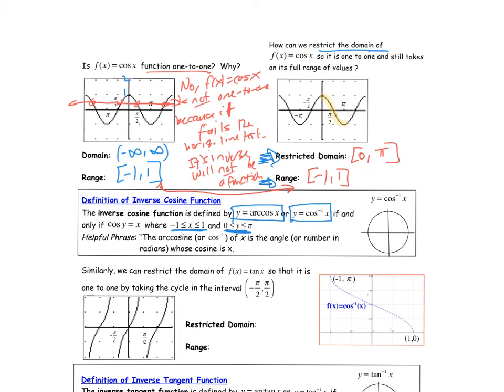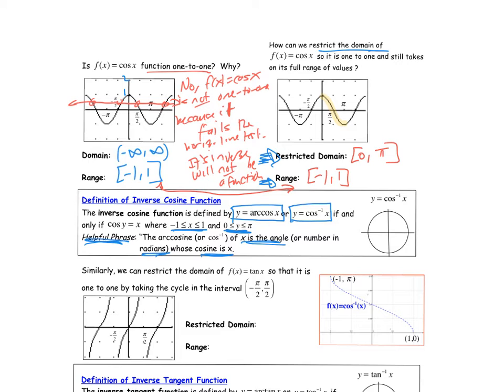Remember, inverse functions switch inputs and outputs, domains and ranges. A helpful phrase whenever I'm evaluating an inverse trig function: the arc cosine of x, or cosine inverse of x, is the angle in radians whose cosine is x. And we're going to do that more in upcoming examples.